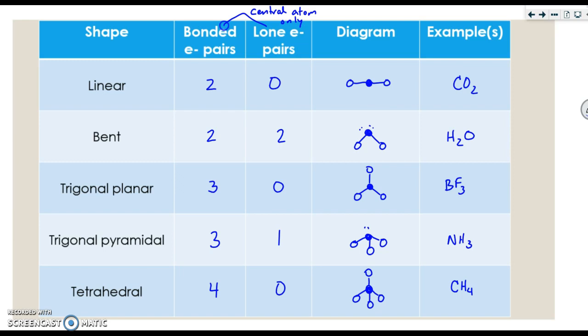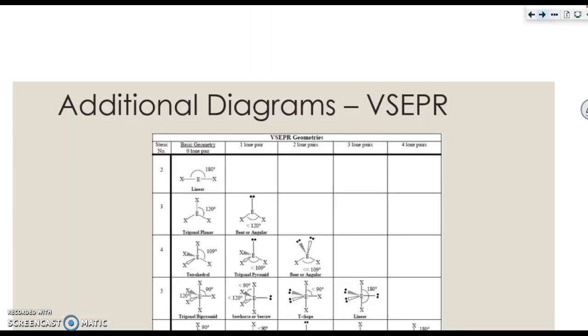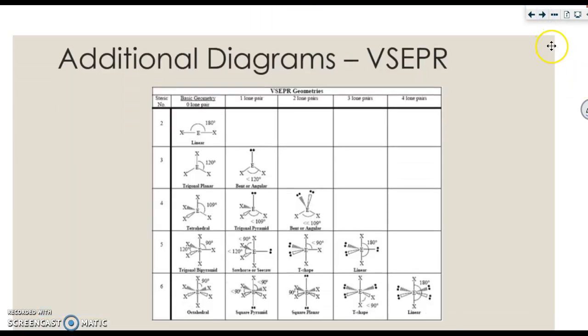Again, we will practice shortly. This slide here just has some additional pictures, slightly better than the ones I drew. It also includes the bond angles. You'll notice there's a lot more shapes than what you are responsible for in this course.